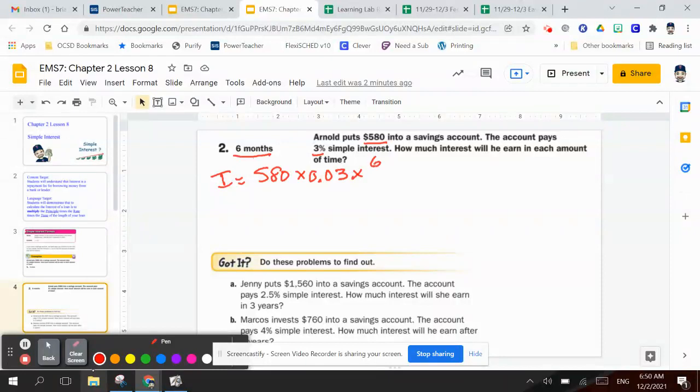So that would be 6 months out of 12. So again, when I multiply 580 times 3% is $17.40. And then I multiply that by 6/12.